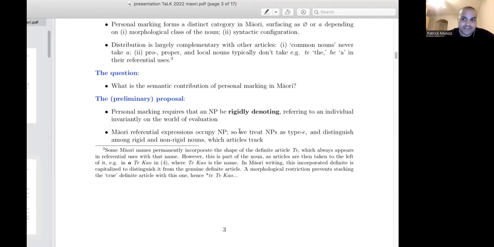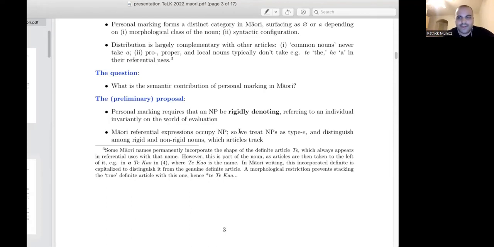And the basic idea is that typologically, the kind of article you get not only tracks distinctions we're familiar with, right, with things like definite versus indefinite, the kind of discourse reference, whether it's anaphoric or not, but also this other thing, whether the reference is rigid or not, which I take to correspond also to a kind of discourse status, right?